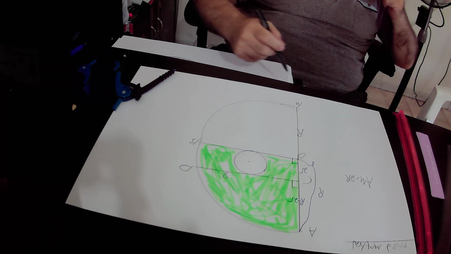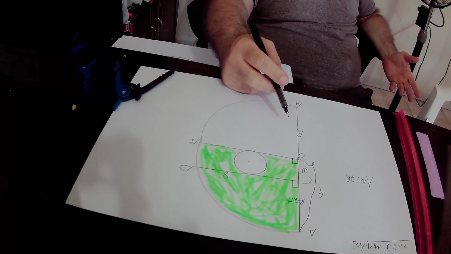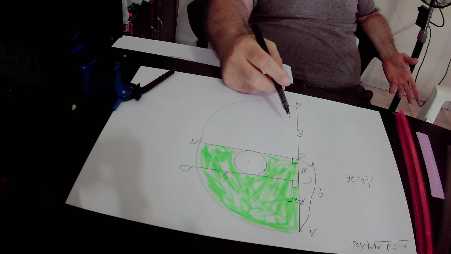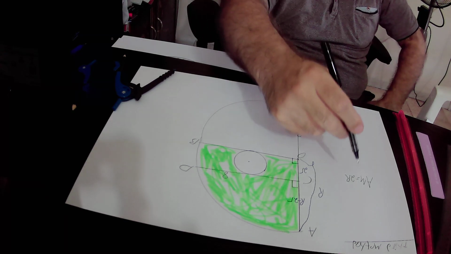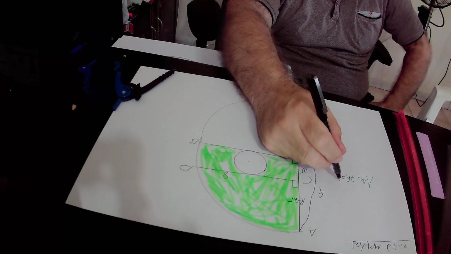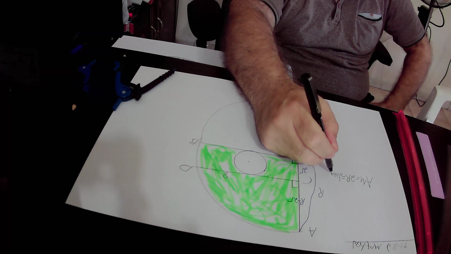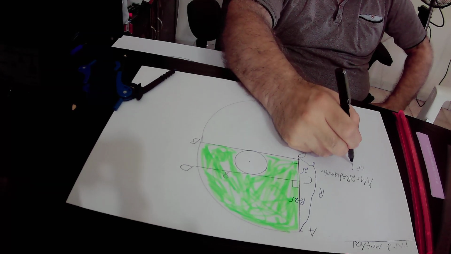Therefore, any straight line that passes through the center of the semicircle must be the diameter of the semicircle. Therefore, AM, which is equal to 2 times capital R, is the diameter of the semicircle.